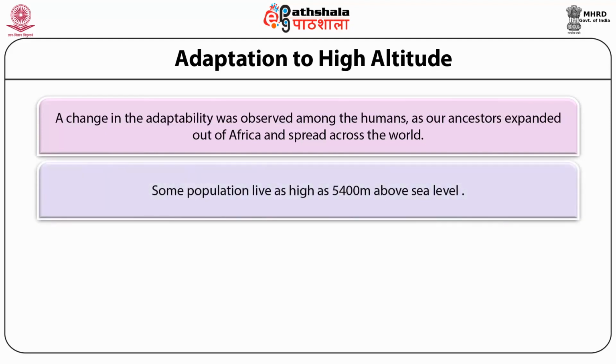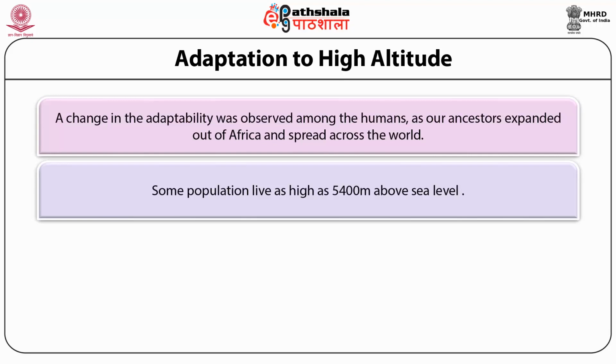Some populations live as high as 4,000 meters above sea level. When a lowland native enters a high altitude environment, hypoxic conditions are encountered and an adaptive response is generated, such as an increase in red blood cells and increased respiration, increased chest dimension, and greater lung volume relative to the high altitude.